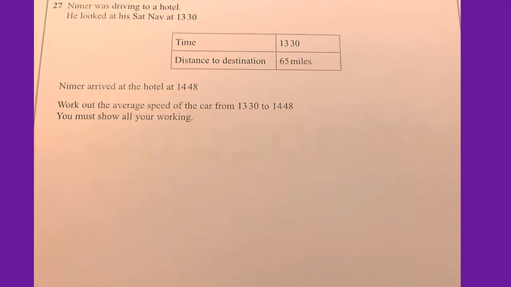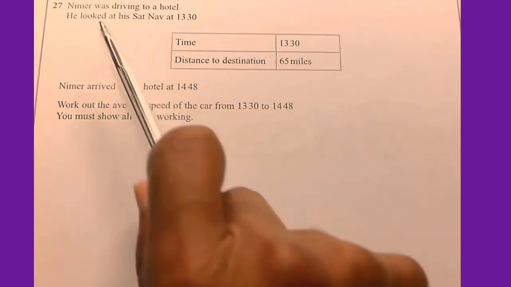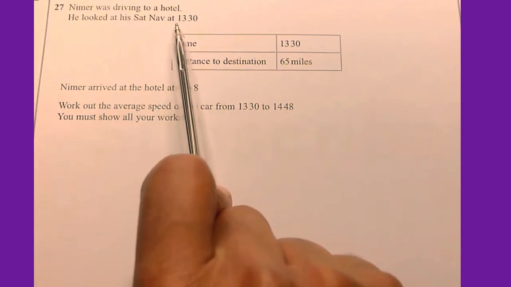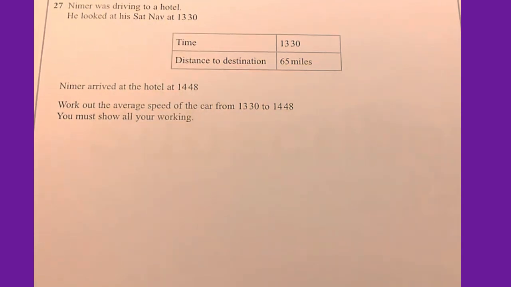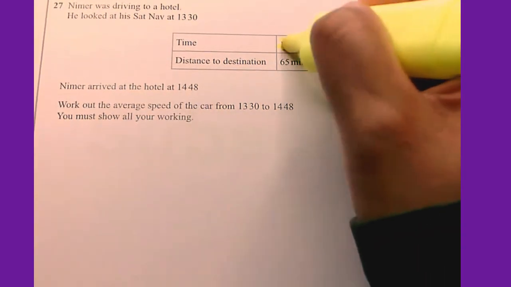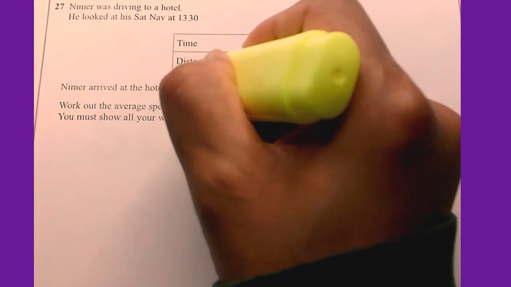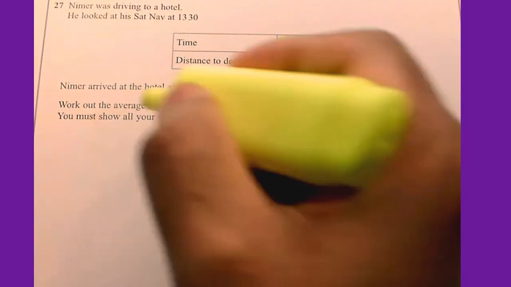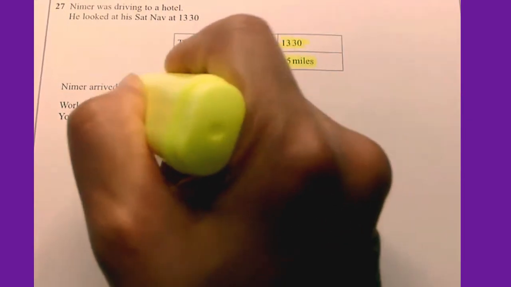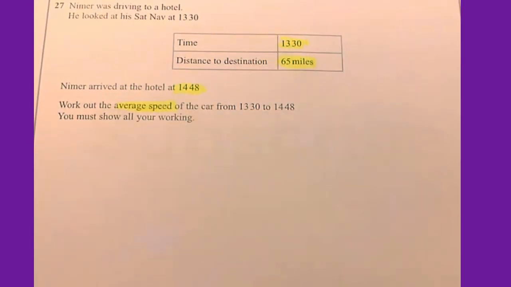So if we look at this, let's highlight key information again. Nimer was driving to a hotel. We don't really need the first sentence. He looked at his sat-nav at 13:30. We don't really need that because it's highlighted here. The distance is 65. He arrived at his hotel at 14:48. Work out the average speed of the car.